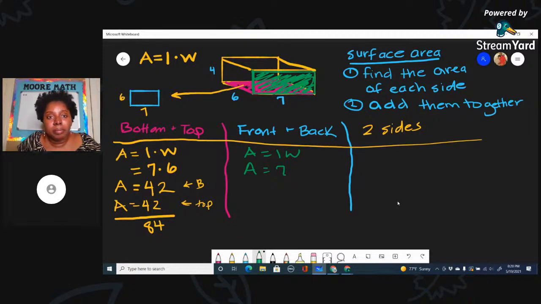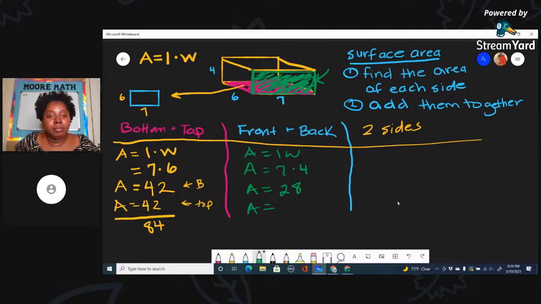Let me put an arrow. How much is that? 4. There you go. Good. And now 7 times 4. 8 times 4 is 32. So 7 times 4 is 28. Good. So now we have the area of the front.